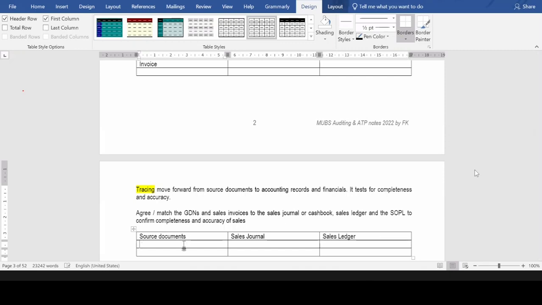If we have GDN 1, we have delivered goods and it is GDN 001.